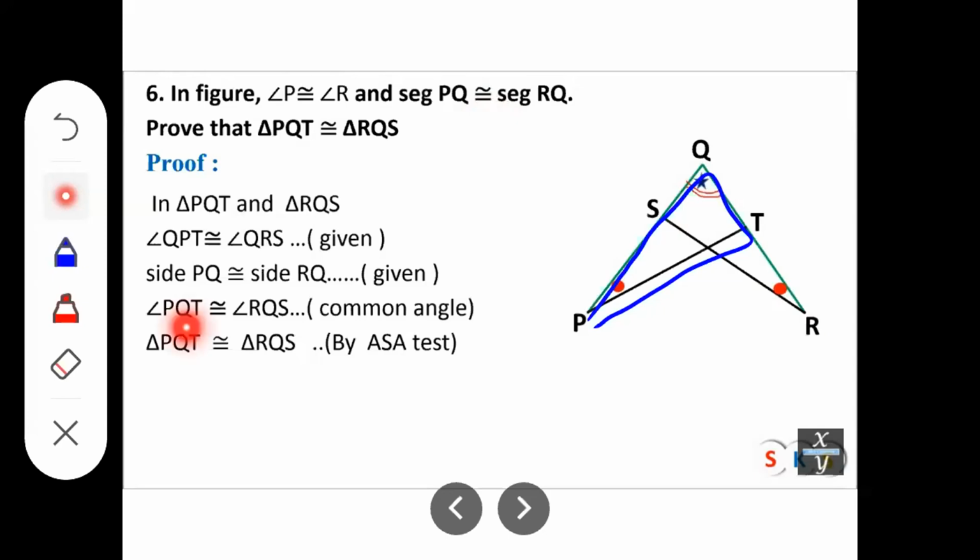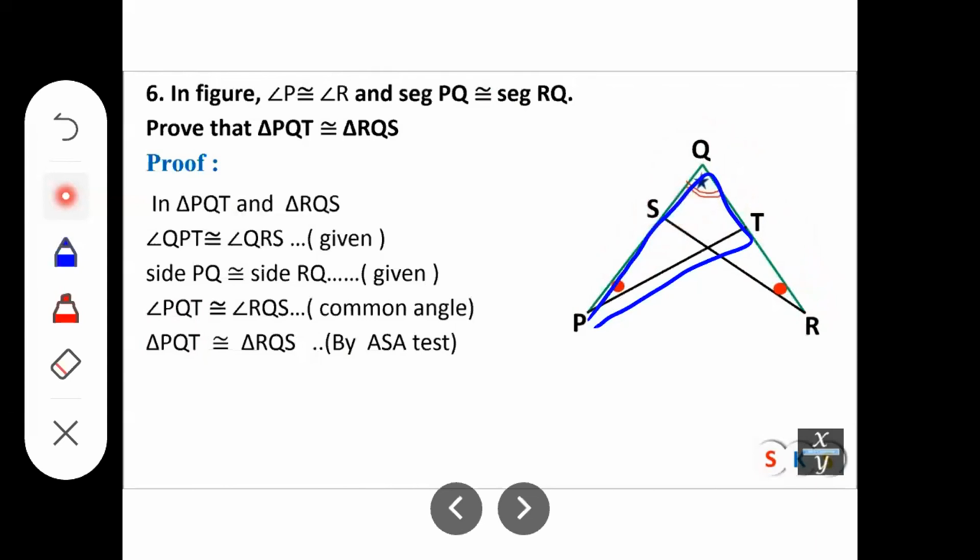So that is mentioned here: angle PQT, because the third vertex of the first triangle is T, the triangle is only this much. So angle PQT is congruent with angle RQS.